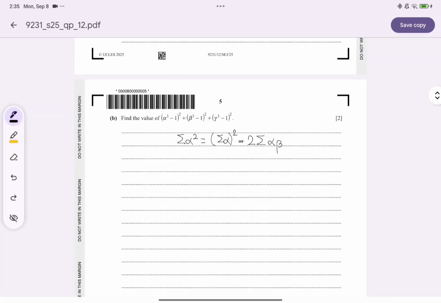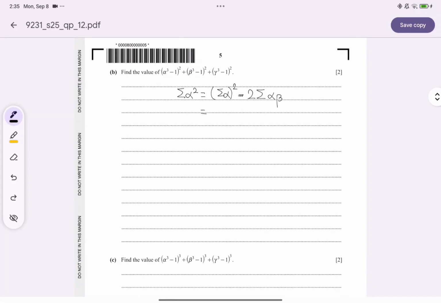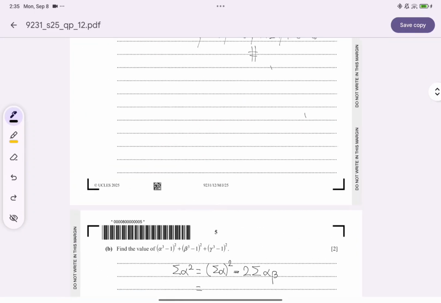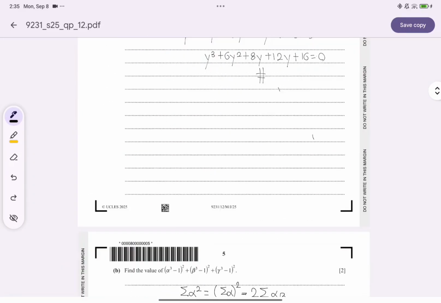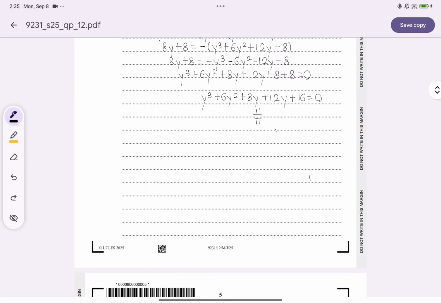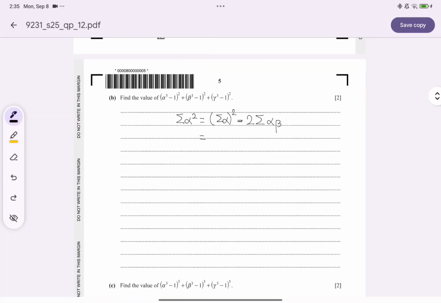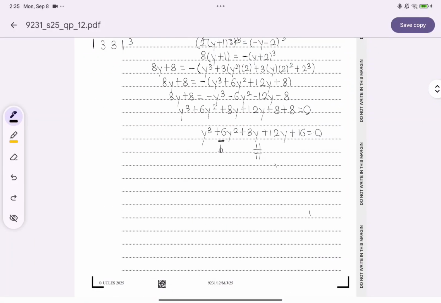Okay, so to find the sum of roots for this equation, we're going to have to make use of the equation we found in part A and take the coefficient of y squared, which we'll call b. So we have to take minus b over the coefficient of y cubed, which we'll call a.